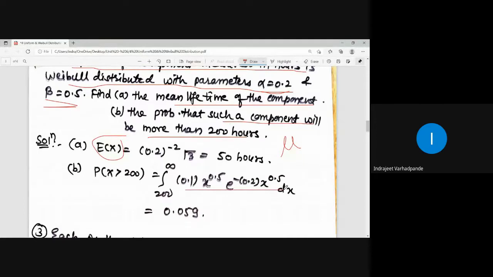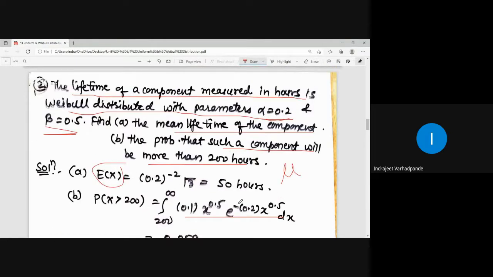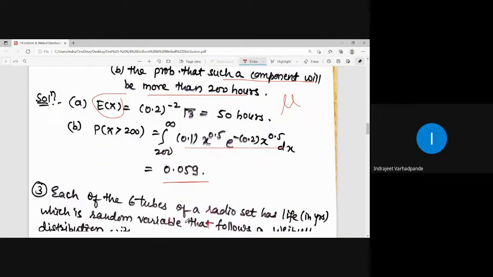So do that particular integration, you will be getting the answer as 0.059. That is your answer for the required probabilities, where the random variable is Weibull distributed and we are actually interested in calculating the lifetime of the component. The parameters alpha and beta are mentioned. This again gives you the hint that the distribution to be used is the Weibull distribution.